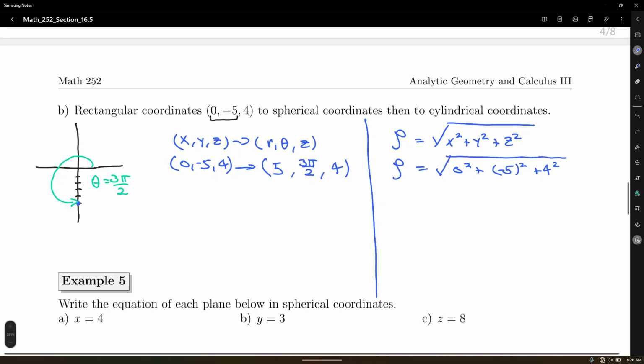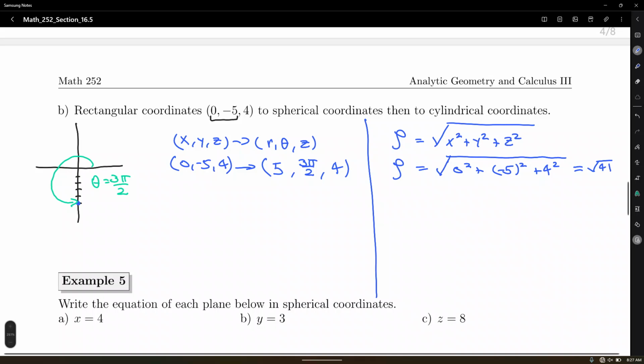That equals the square root of 0 plus 25 plus 16, is that 41? Yes. That's the square root of 41. Okay? So that's rho. See how it's not the same as the radius of the circle? It's now the radius of the sphere.